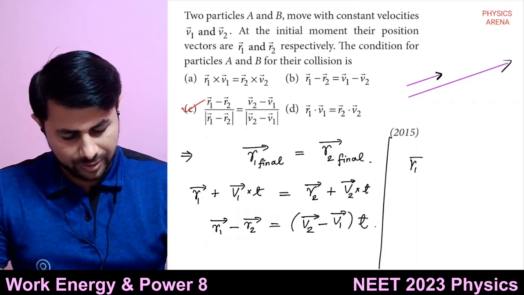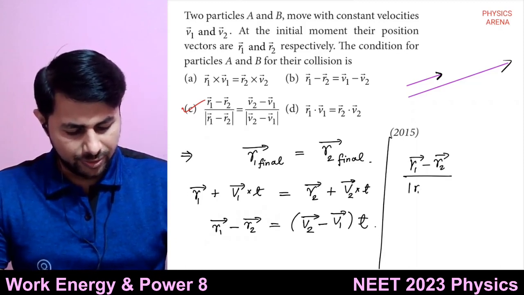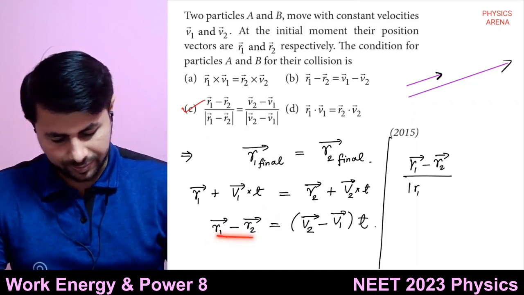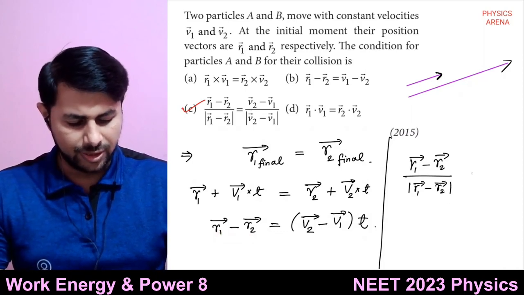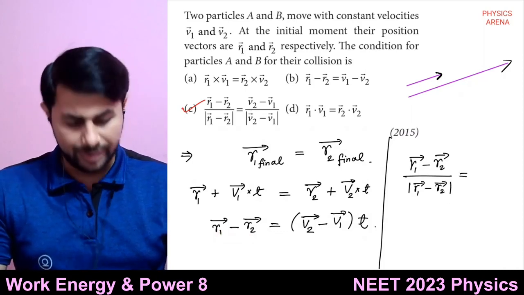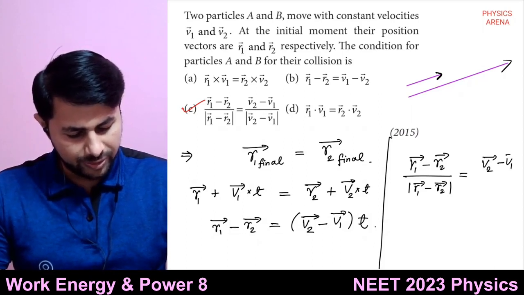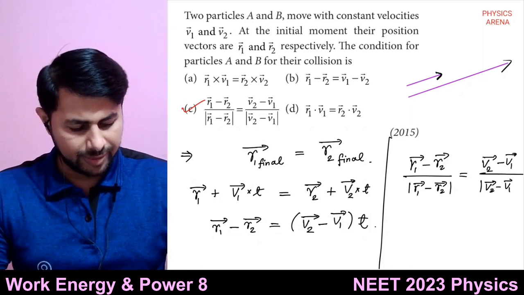So r1 bar minus r2 bar divided by its magnitude, magnitude of r1 bar minus r2 bar, will give you the unit vector in direction of this vector. So it will be equal to the unit vector of v2 bar minus v1 bar divided by magnitude of v2 bar minus v1 bar.